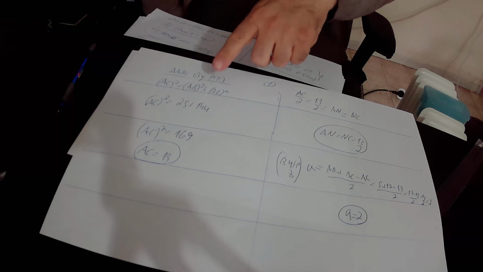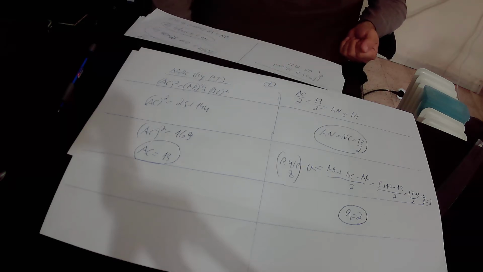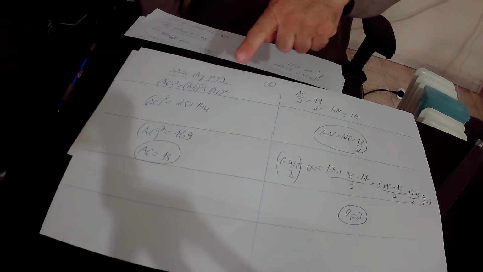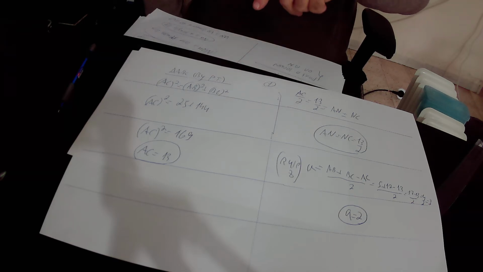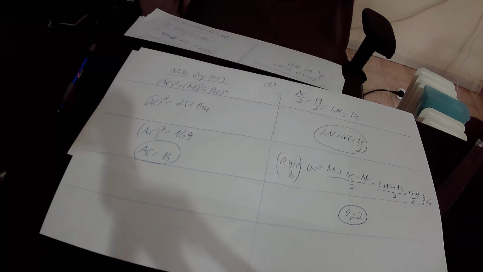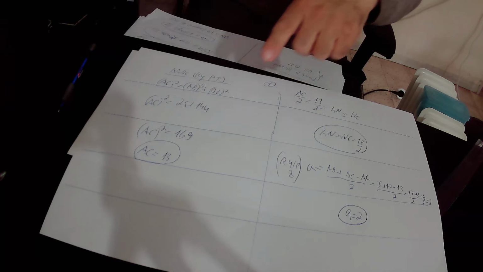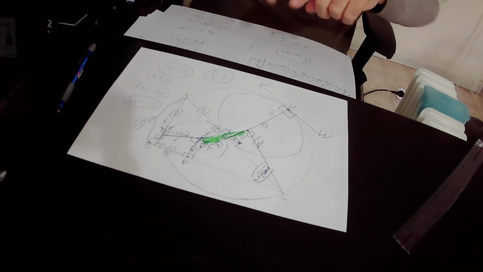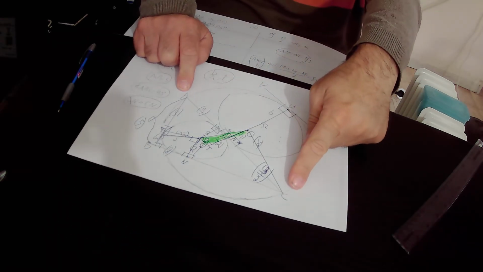So in total AC squared equals 25 plus 144. 25 plus 144 is 169, so AC squared equals 169. We take the square root and find that AC equals the square root of 169, that is 13. So the hypotenuse AC equals 13 units.